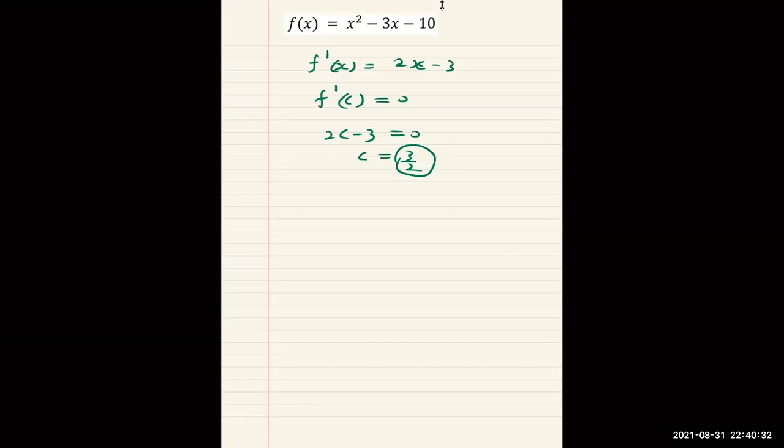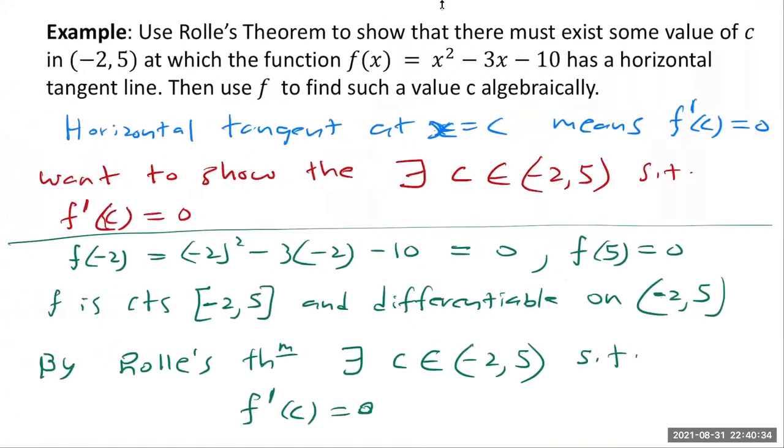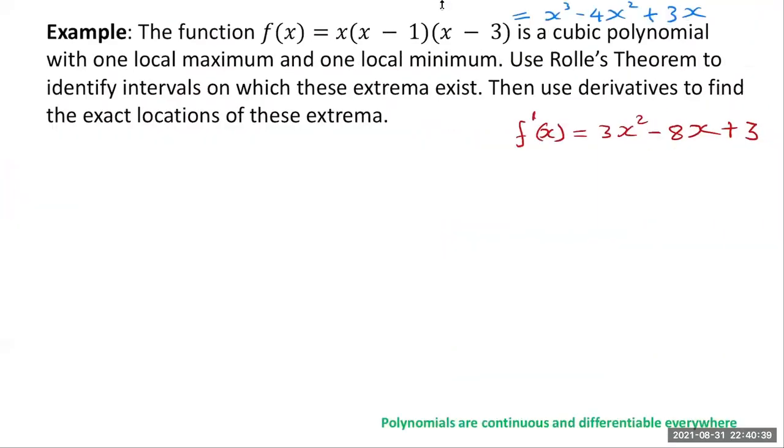All right, let's move on. The next example I want to work on is this particular example. The function f of x is equal to x times x minus 1 times x minus 3 is a cubic polynomial with one local maximum and one local minimum.